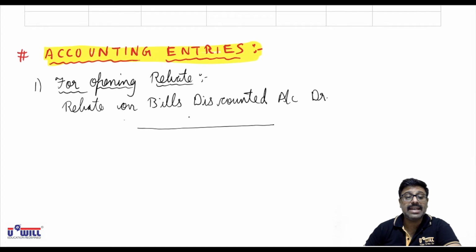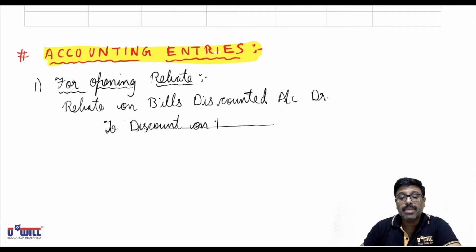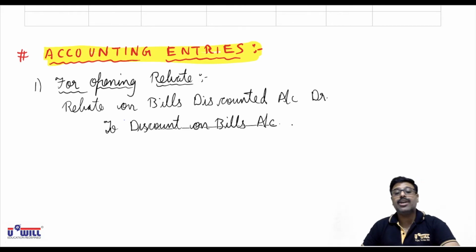And because it is an income of the current year, we will credit it to discount on bills account, by the rule credit all incomes and gains.